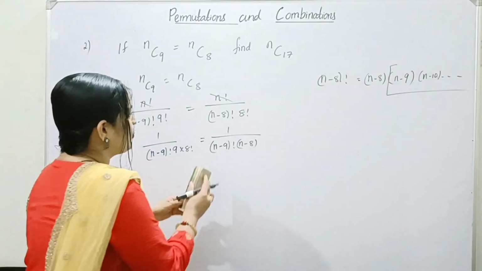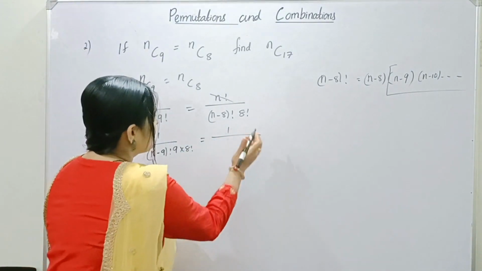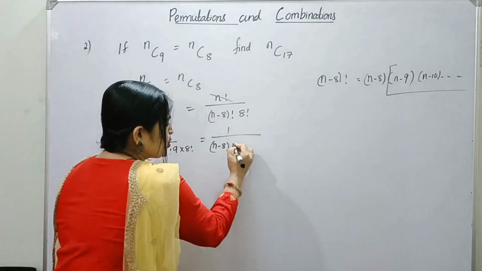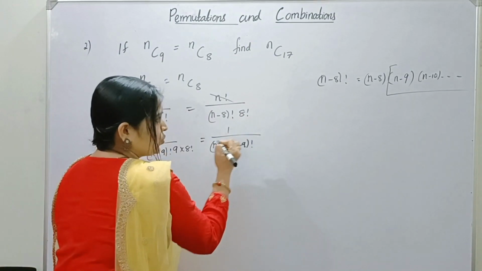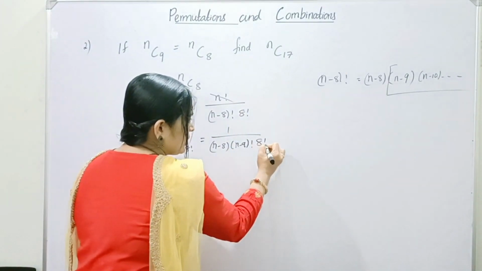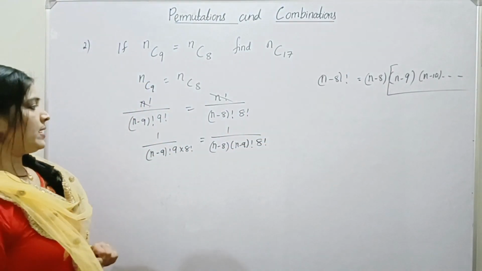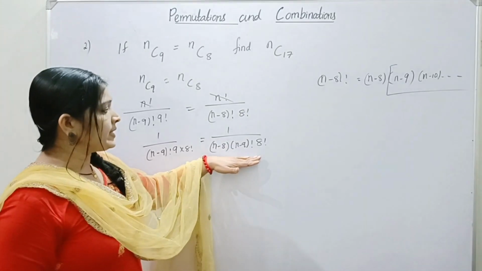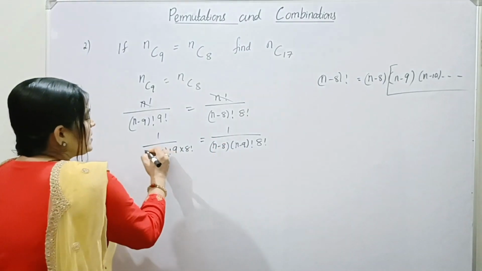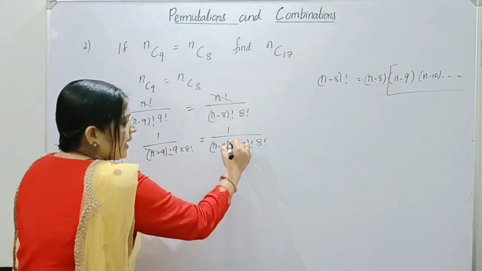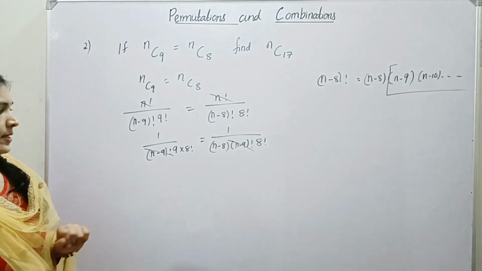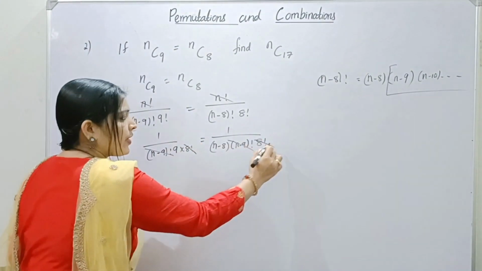Don't be confused, I will write it in order. n minus 8 into n minus 9 factorial into 8 factorial. See, why have we written this? To cancel, right? n minus 9 factorial, n minus 9 factorial, cancel. 8 factorial, 8 factorial.